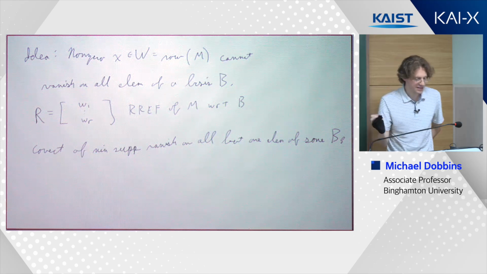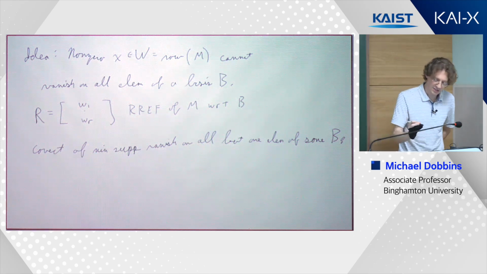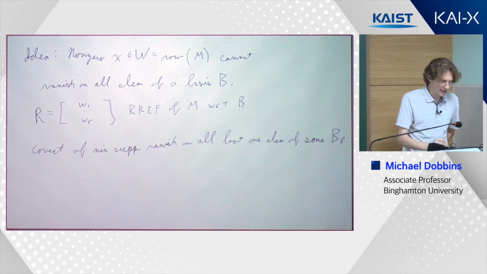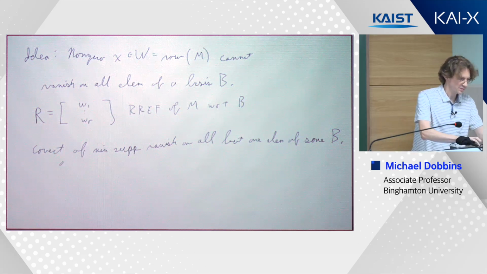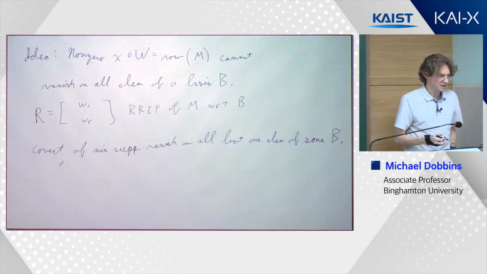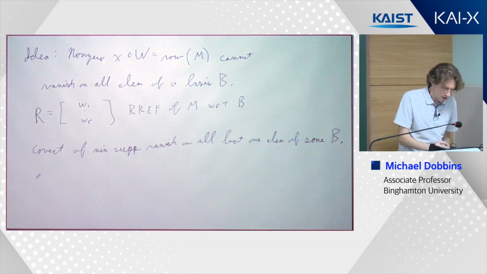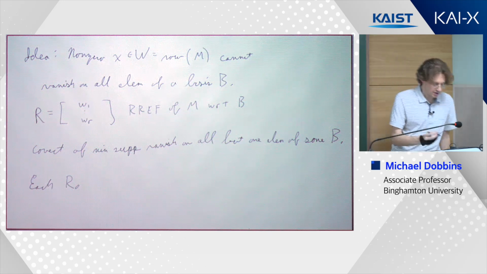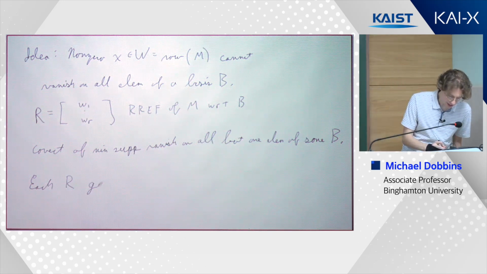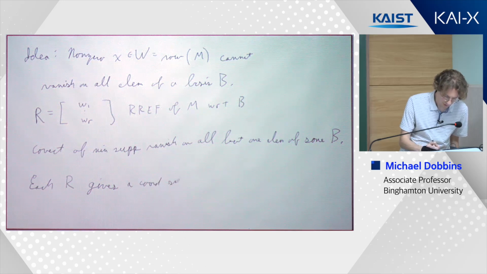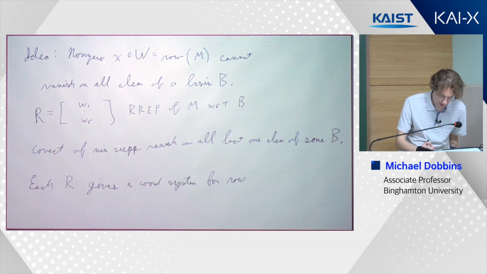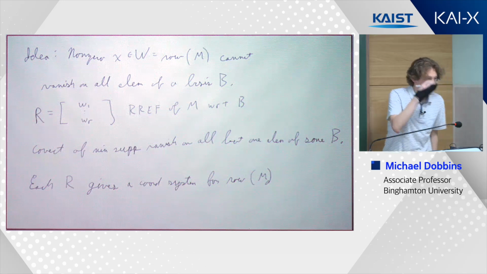But if you pick out some basis beforehand, not knowing what the covector is, it might not be that one. Each reduced row echelon form matrix gives a kind of coordinate system for the row space of our matrix.